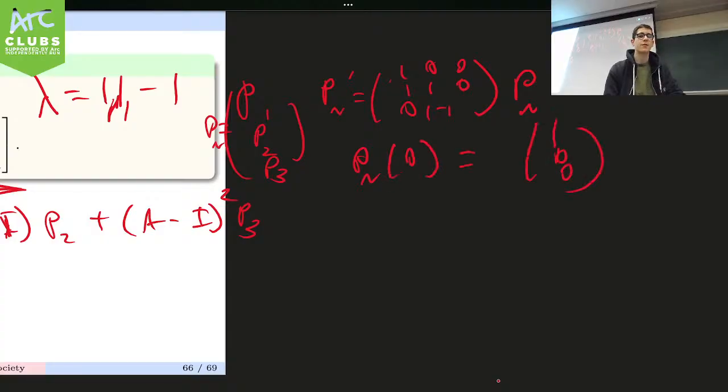You can verify that if you want. That would mean that the first one would be e to the t, and this one would be t e to the t.